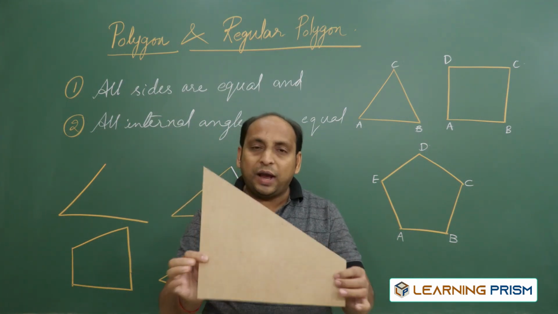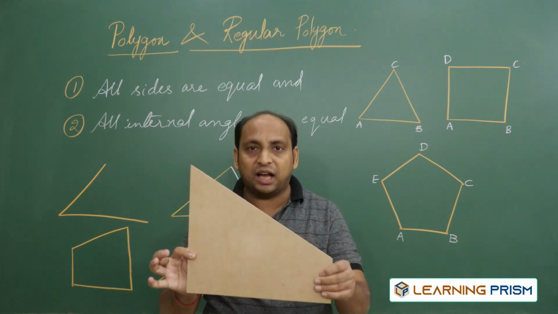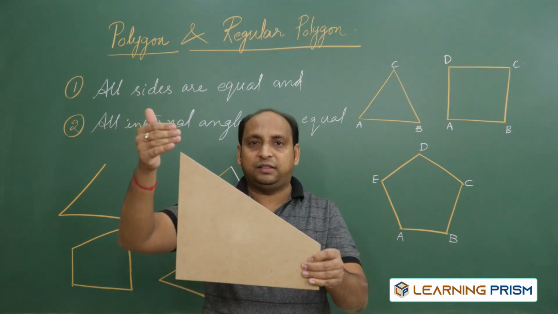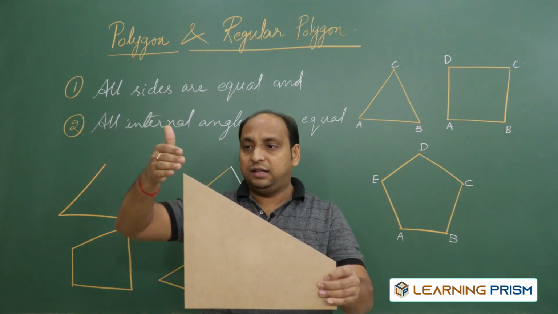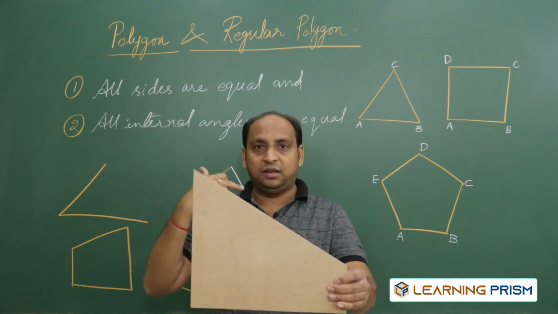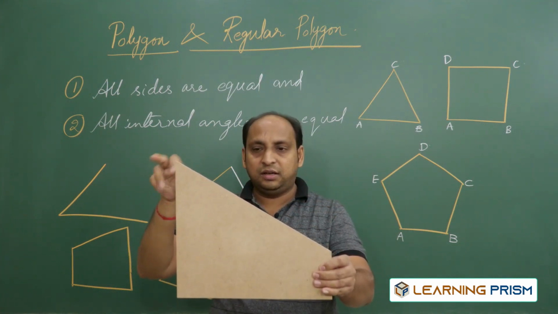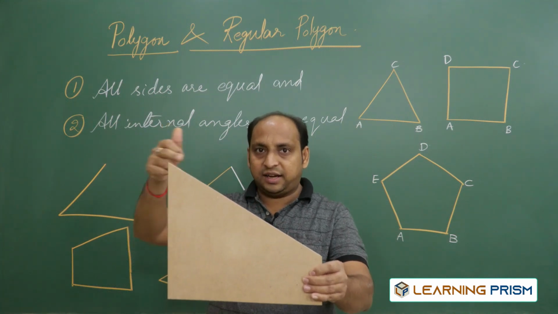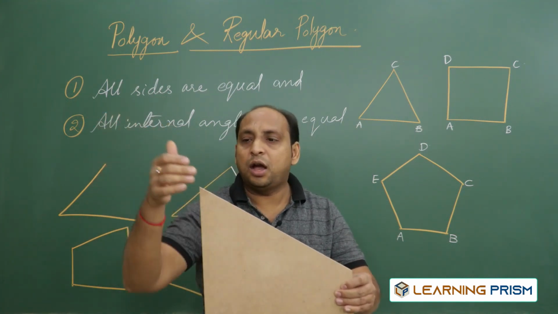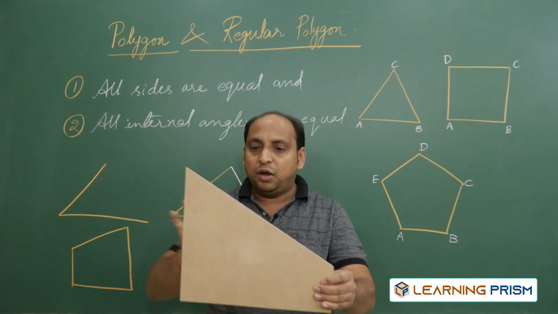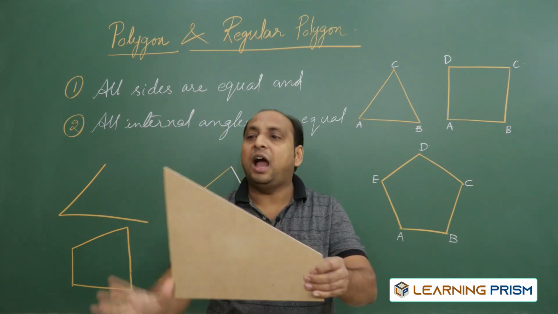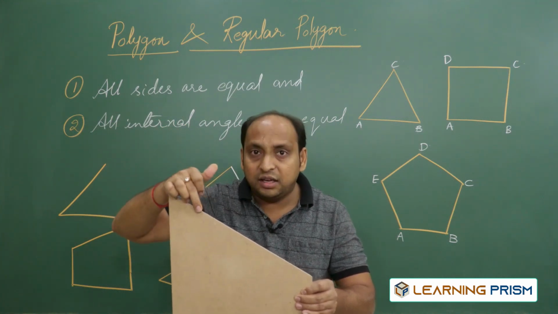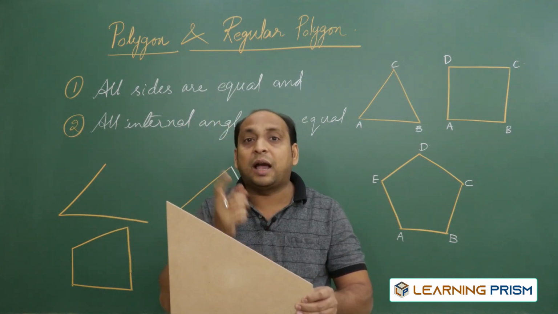Why is this called a two-dimensional object? Because it has some length and some width or height, but the third dimension, the breadth, is very small comparatively.